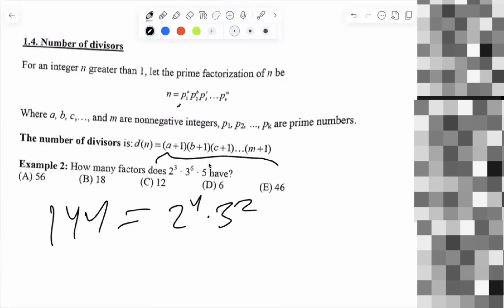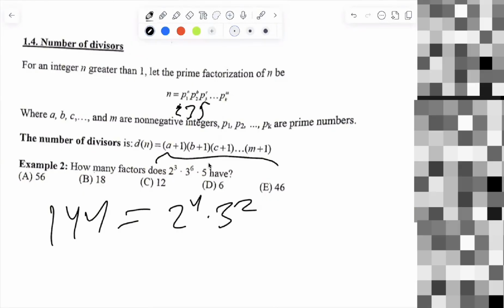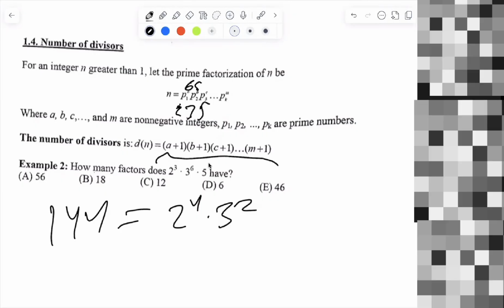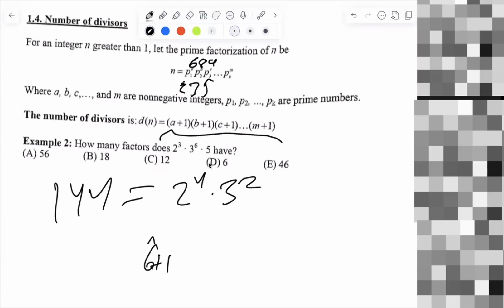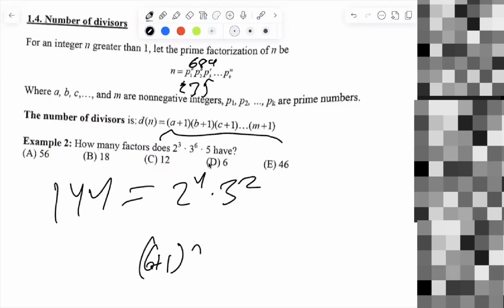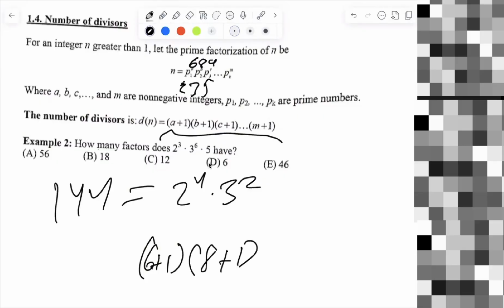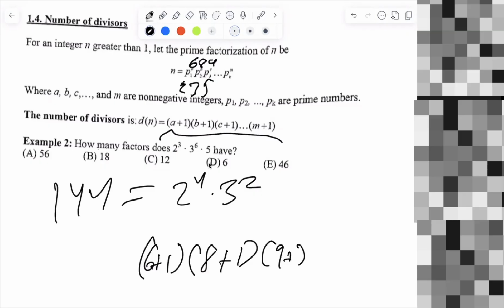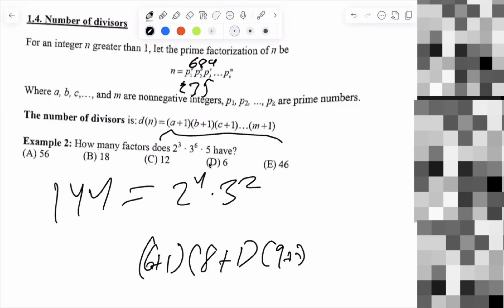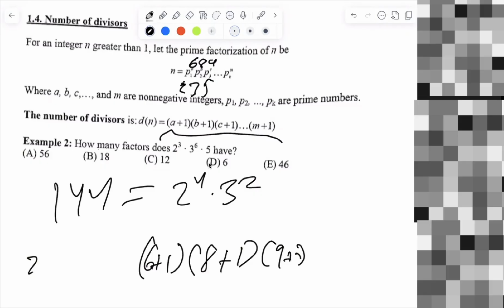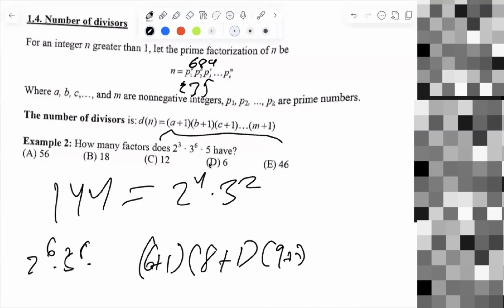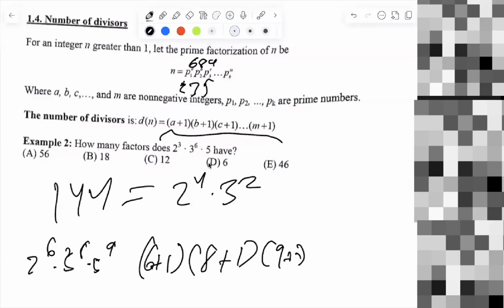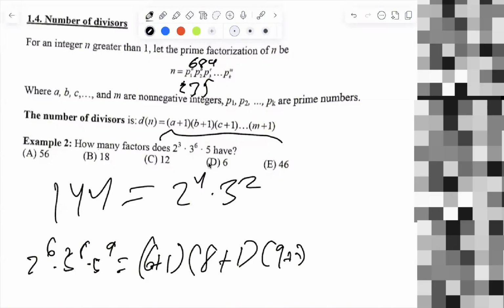For example, let's say this was 2, 3, 5, with the corresponding exponents 6, 8, 9. This is just 6 plus 1 times 8 plus 1 times 9 plus 1 for the number of factors in this number, 2 to the 6 times 3 to the 8th times 5 to the 9th.